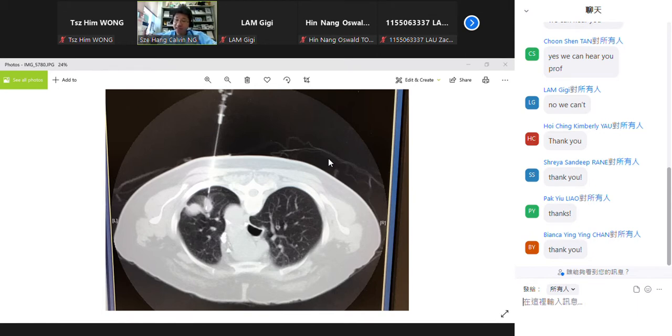And interestingly, when you order a simple CT thorax with contrast for lung cancer or suspected lung cancer, the radiologist will automatically scan the lower neck all the way down to include the adrenals. So when you order CT thorax with contrast, they will do that automatically.